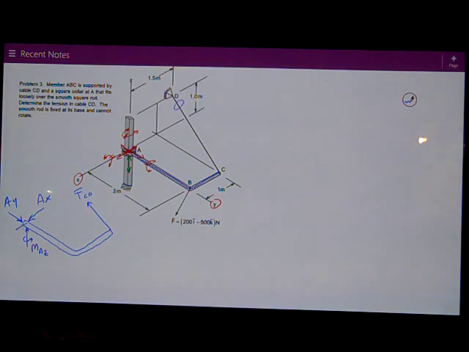It doesn't allow rotation about the X-axis, so I draw a little curved arrow around it, that's MAX. And it doesn't allow rotation about the Y-axis, so I might show it like that. Call it MAY.